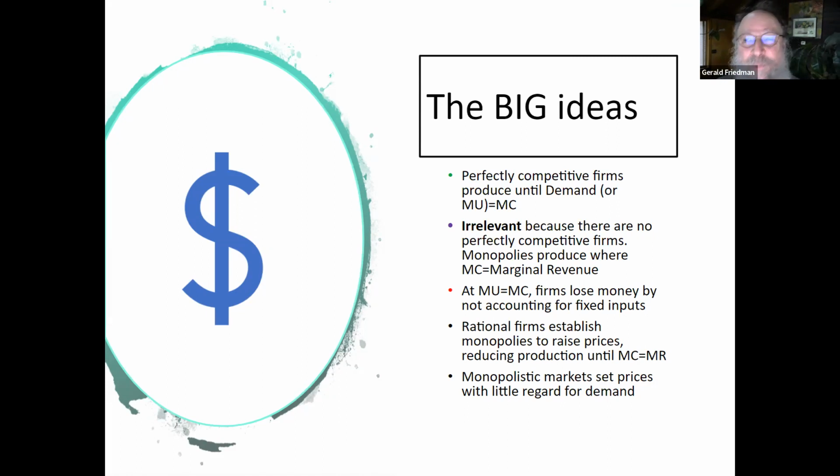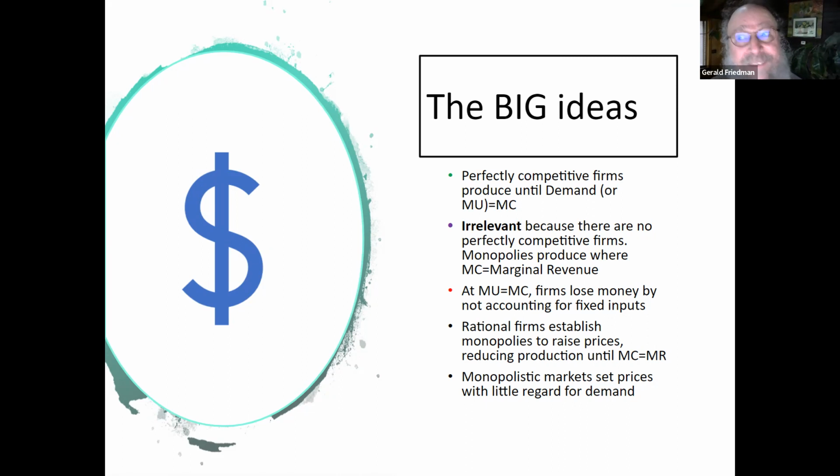But in the real world, or the RW, as economists used to call it, firms that act that way are generally going to go out of business because they're ignoring their fixed costs.